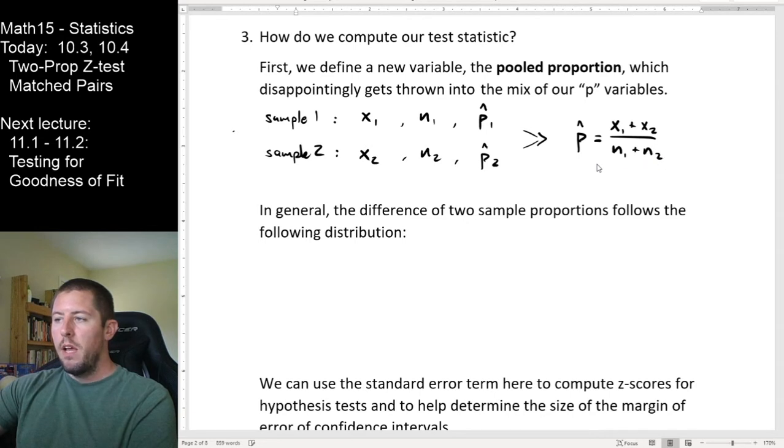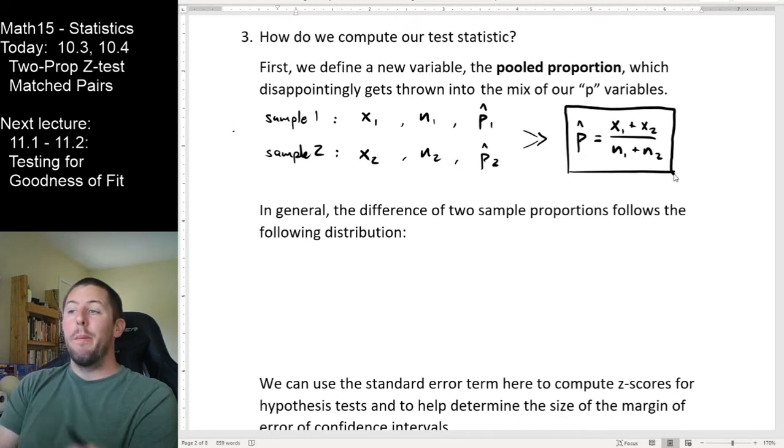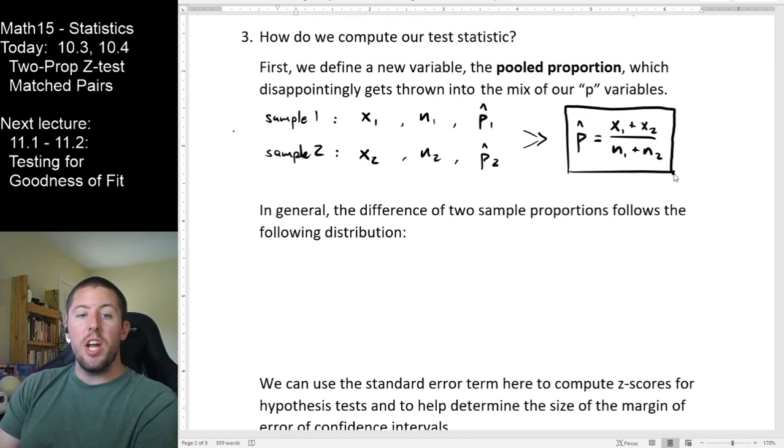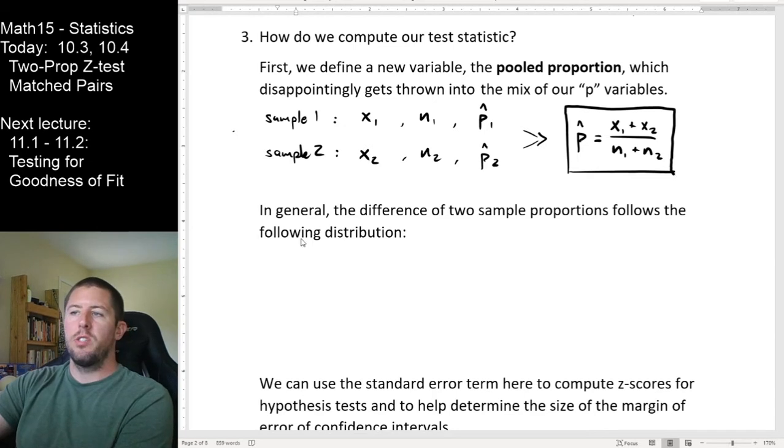All right. So our step 1 is going to be to compute the pooled proportion of successes across both samples that were taken. We will use this general p hat, our general pooled sample proportion of successes, to help us compute our actual test statistic. So this is step 1 for our test statistic: we need to compute this intermediary variable.